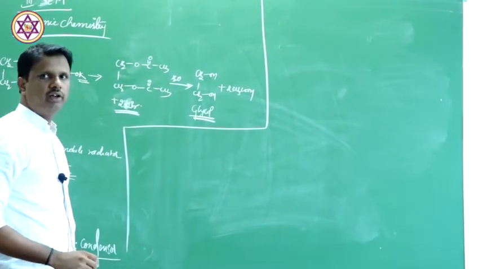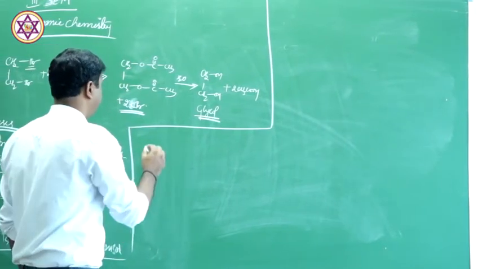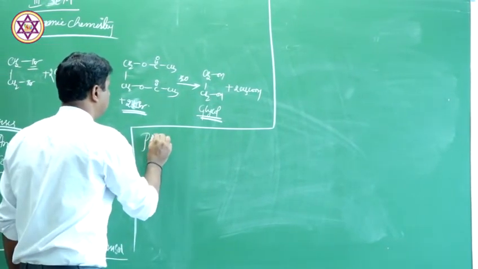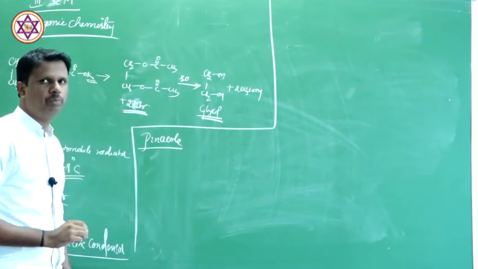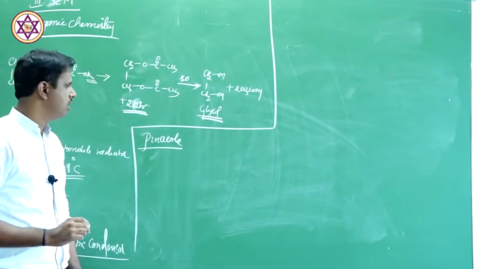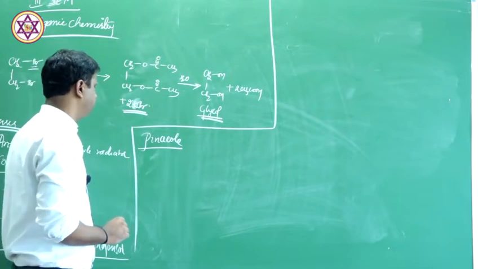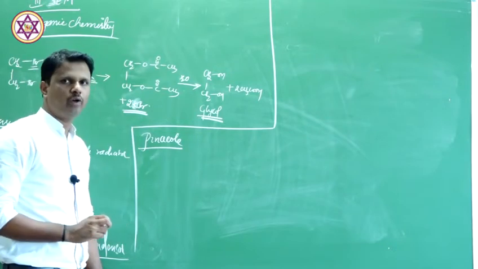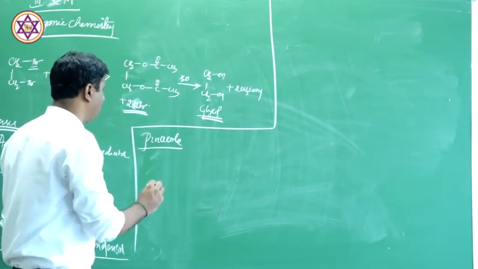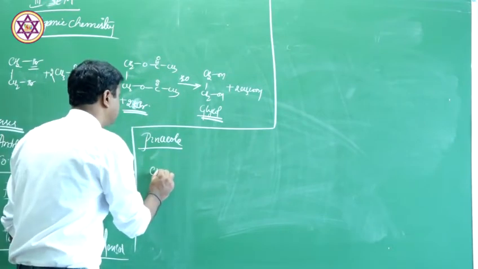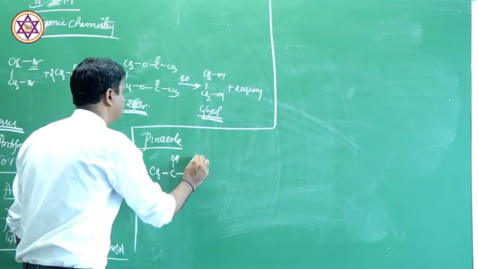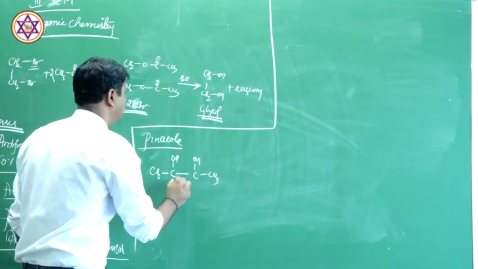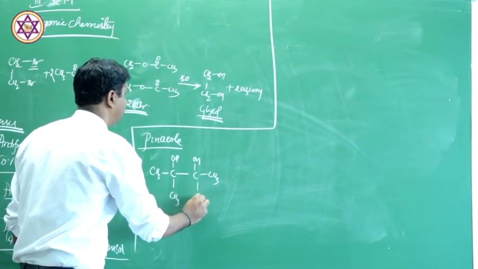Okay, in the next section we have the preparation of pinacol and the pinacol-pinacolone rearrangement. Now, what is pinacol? Pinacol is a 1,2-dihydroxy compound. I'll write the structure of pinacol here: CH3, C(OH), C(OH), CH3, CH3, CH3.